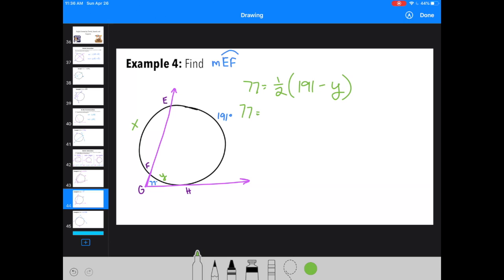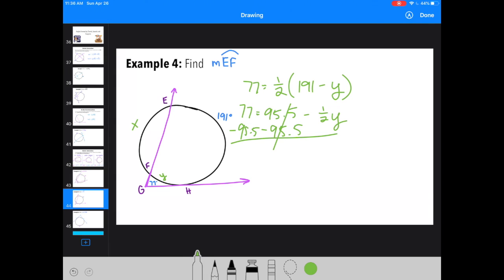So 191 divided by 2 is 95.5 minus 1/2 Y. I'm going to subtract 95.5 over to isolate my variable.